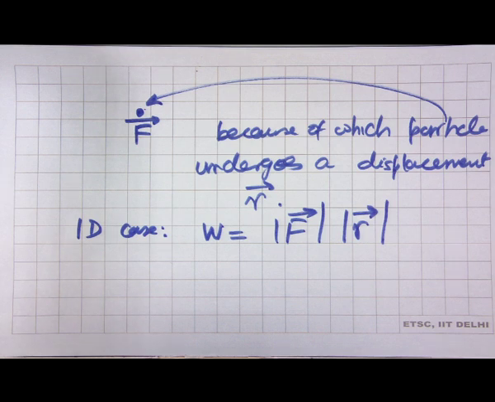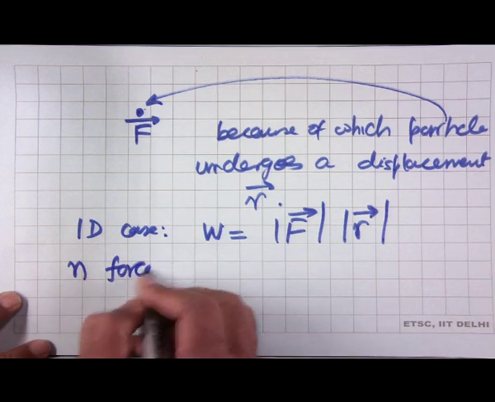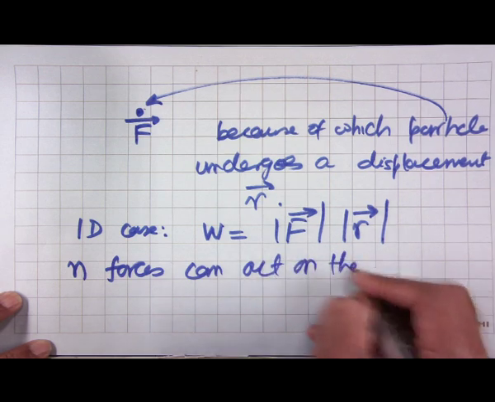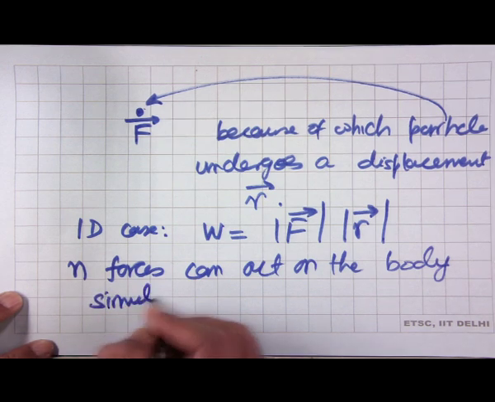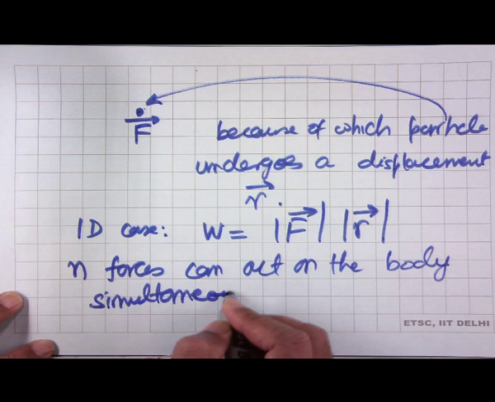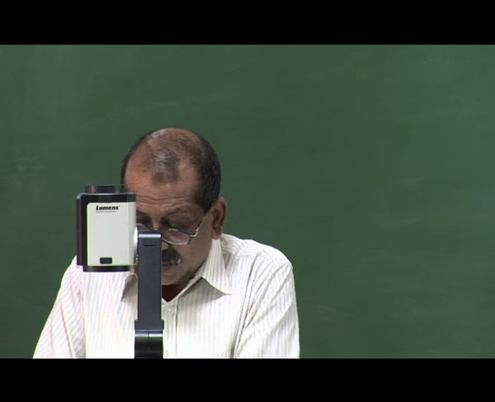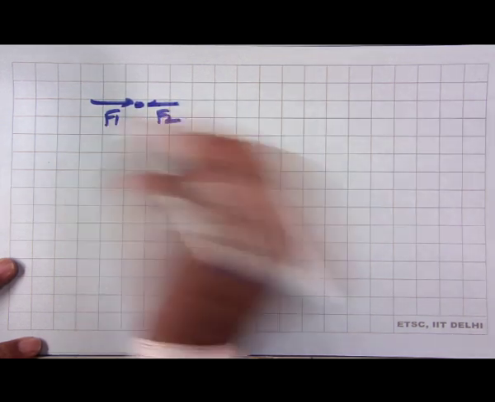Now, it can so happen that n forces can act on the body simultaneously. So, let us say we have a body on which we have a force F1, a force F2 and so on.